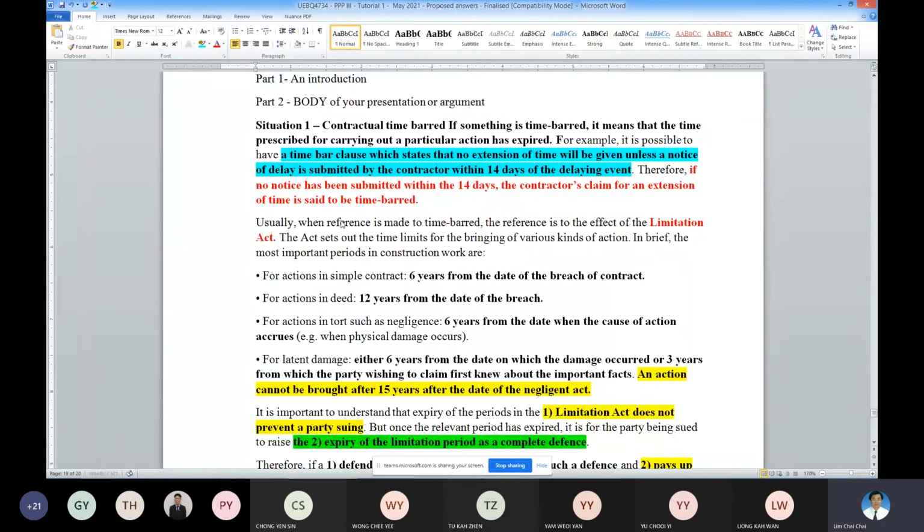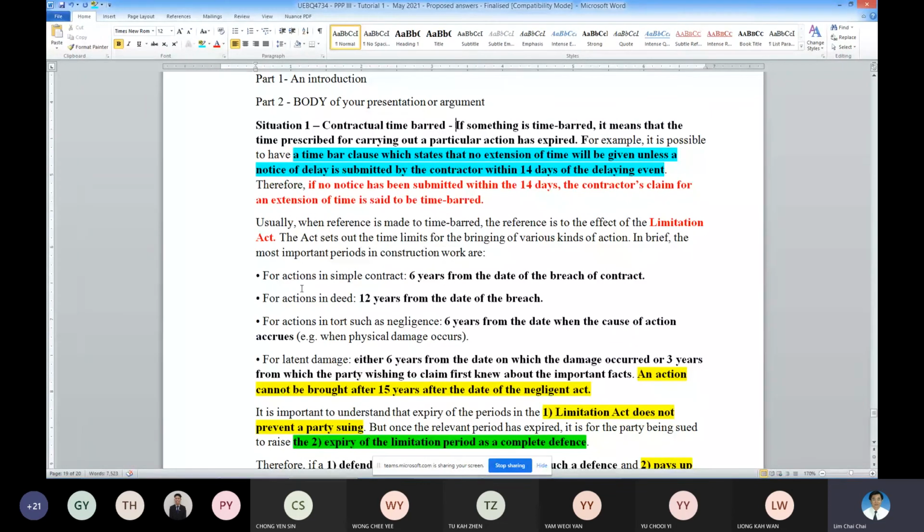And this is situation two. This one is the statutory. This is the statutory time bar.